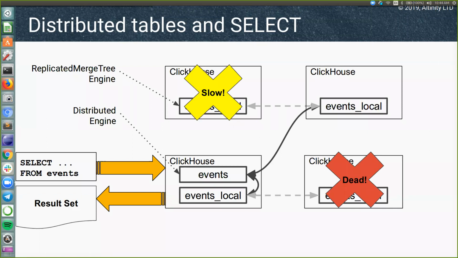What's cool about distributed tables, though, is they work in failure cases. The thing you get in large systems, especially, is replicas may be dead or slow. And so the distributed table understands the notion of latency. For example, there's a setting that you can use to control whether you will send queries to replicas that are lagging behind.